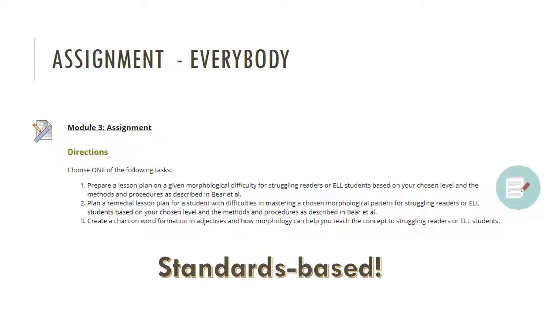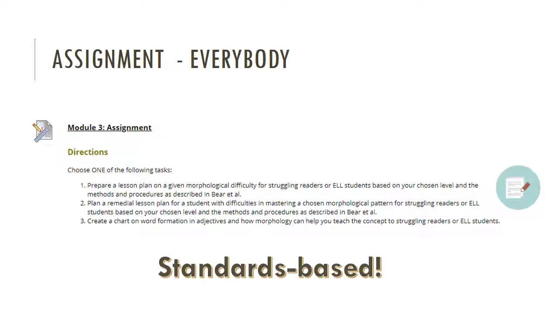Okay, the assignment that everybody is completing for Module 3, again, is a choice, and they are all either lesson plans or activities. Pretty self-explanatory, but the one thing I want to make sure everybody understands is in this course, no matter what assignment you're completing, no matter what choice you decide to do, it is standards based, and that should be written, clearly labeled at the top of your assignment.